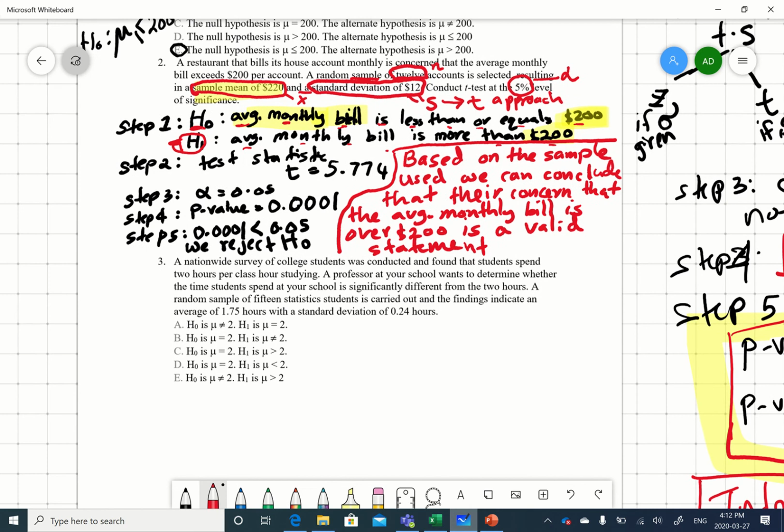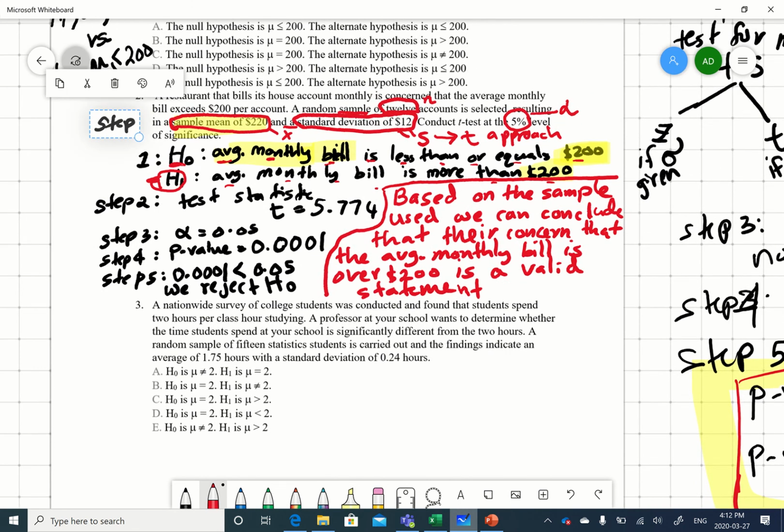Okay, right, so I want all this for a written response question. You have to make sure you give me this complete answer, then you will get the complete mark. So once again, step 1, you state H0 versus H1. You read the question, find where the hypothesis is. Based on that, you do the identification. Is it a null? Is it an alternative? Once you figure out which one it is, you have to build the corresponding other one, right?